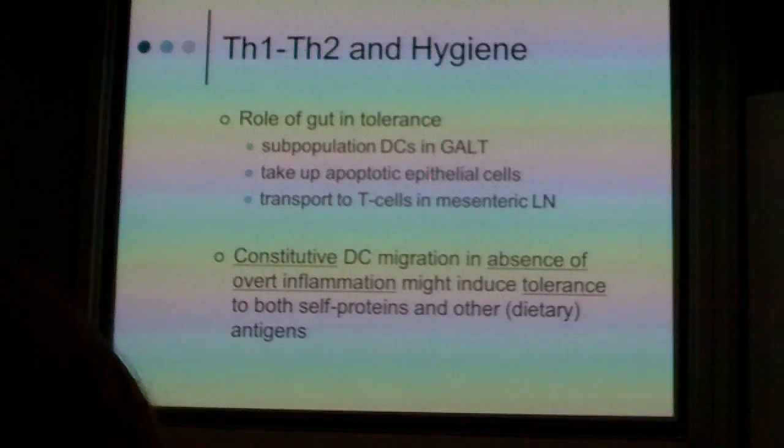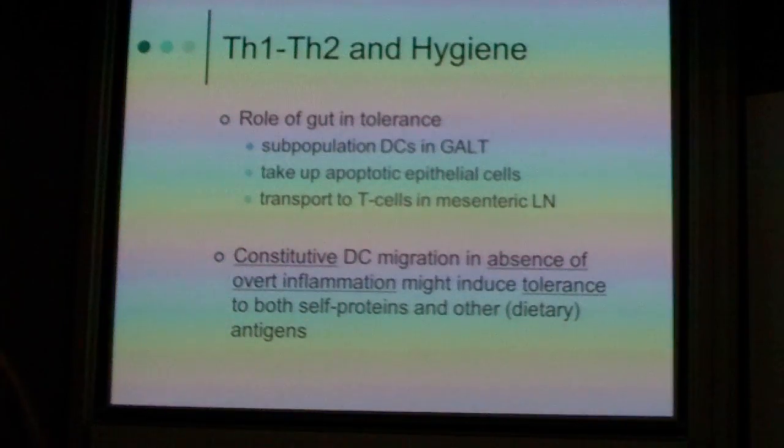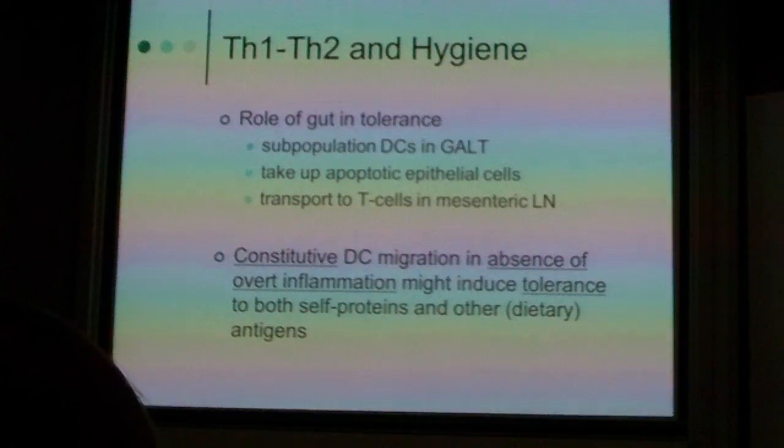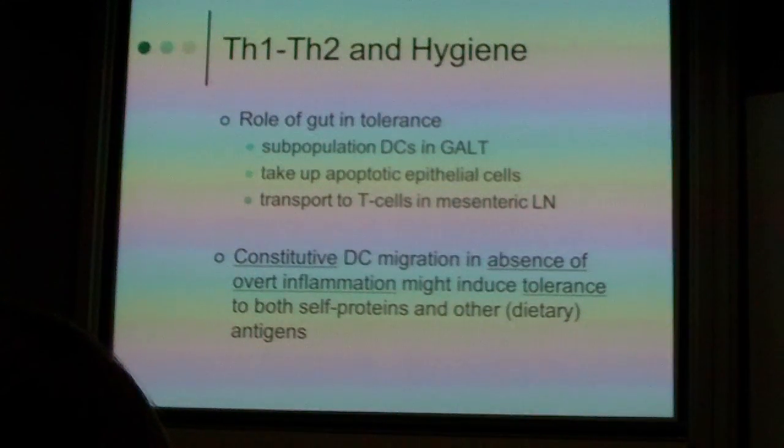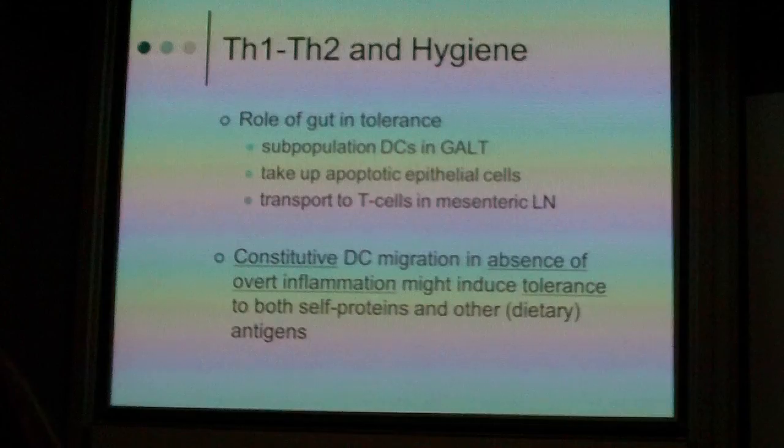They take up apoptotic epithelial cells, and if they do that, of course, they are capable to do something with the antigens of those cells, self-antigens. And in fact, it may be that the way that they take up the apoptotic epithelial cells with all the components which are on top of that leads to tolerance induction instead of activation of immune responses.